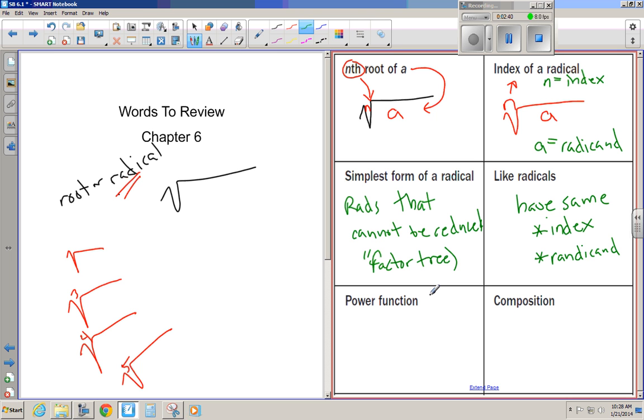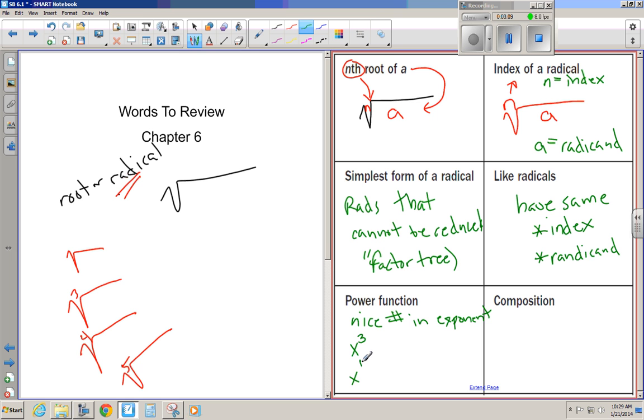A power function is just like a quadratic or cubic. There is, I'm just going to say, a nice number in the exponent. That means x cubed is a power function.